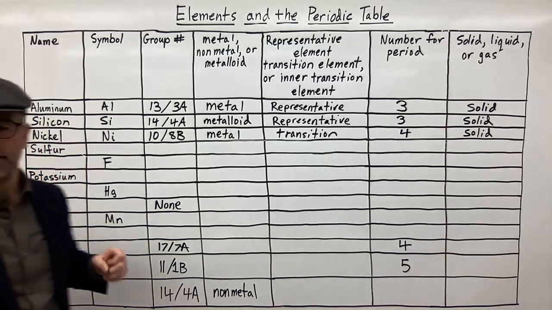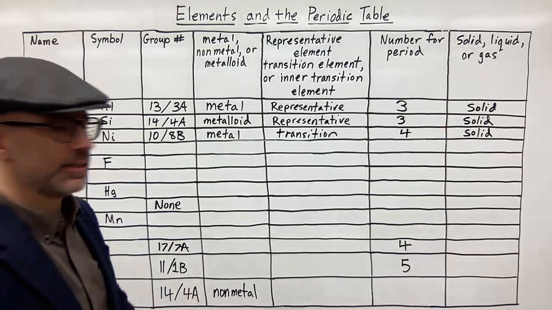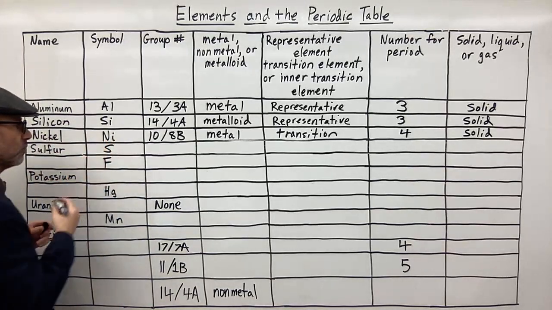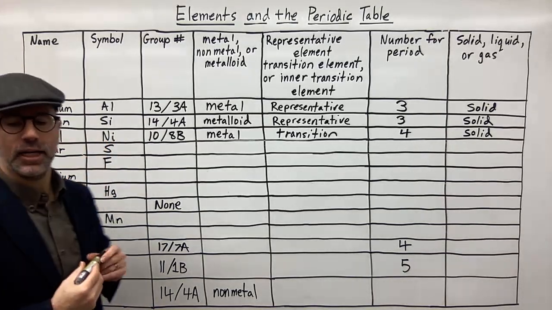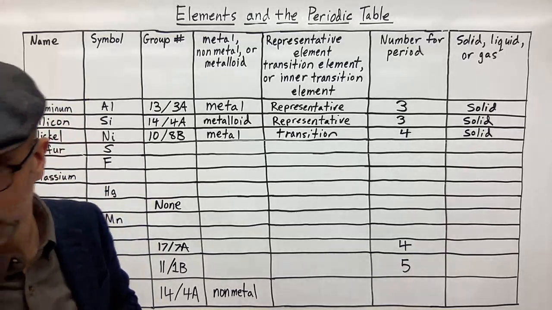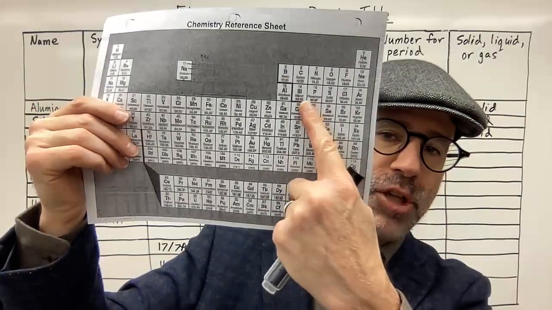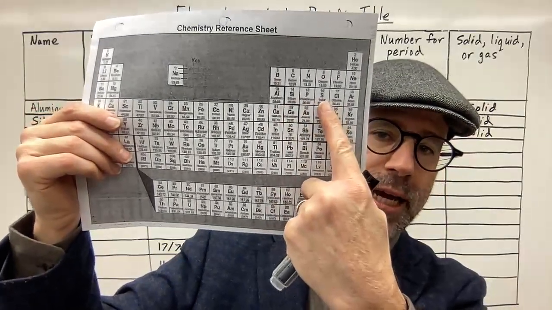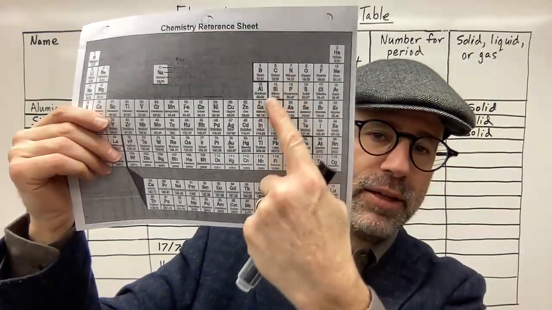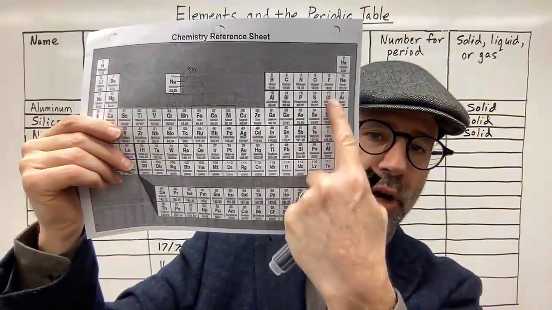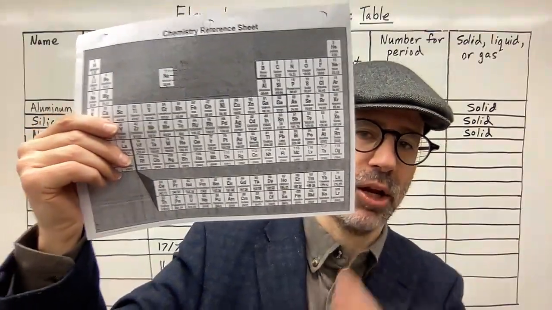Sulfur, S. If you find S, that's going to be sulfur. And if you look on the periodic table, again, where's sulfur? Sulfur's right there. Here's the stairway. So it's on this side of the metalloids. So it's a non-metal.